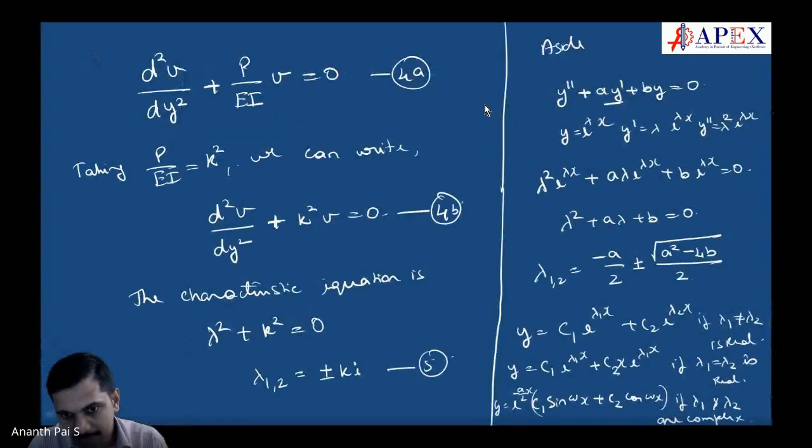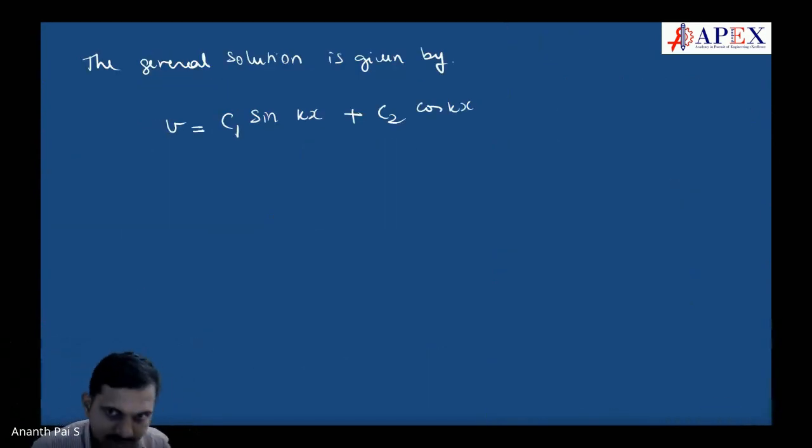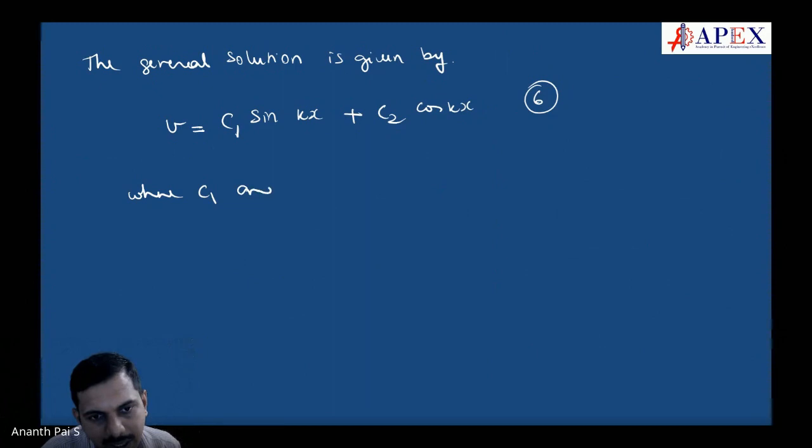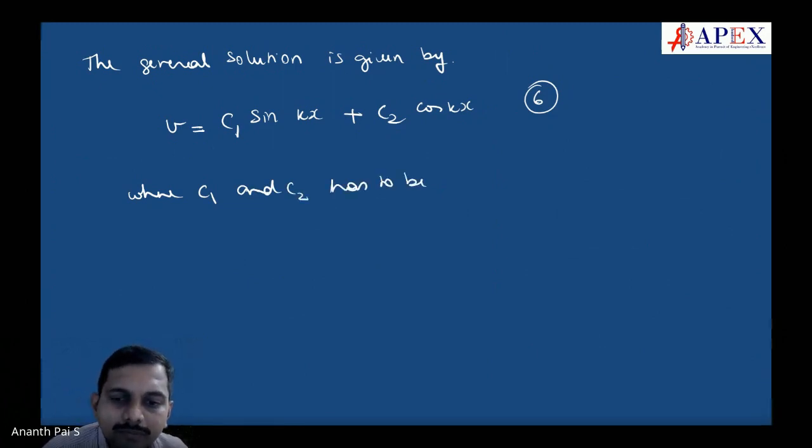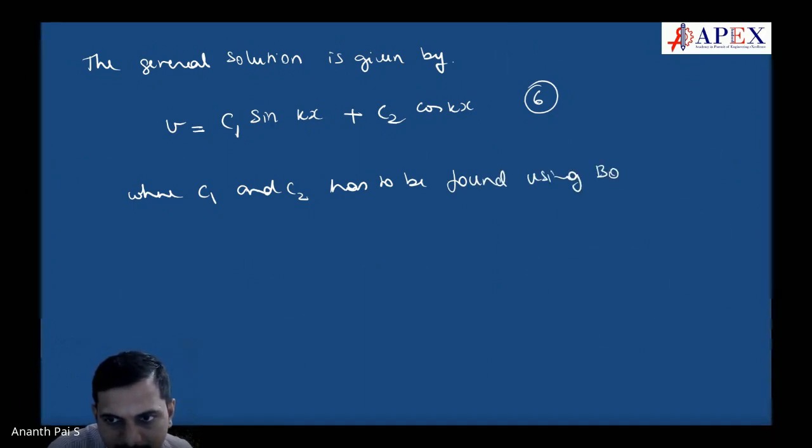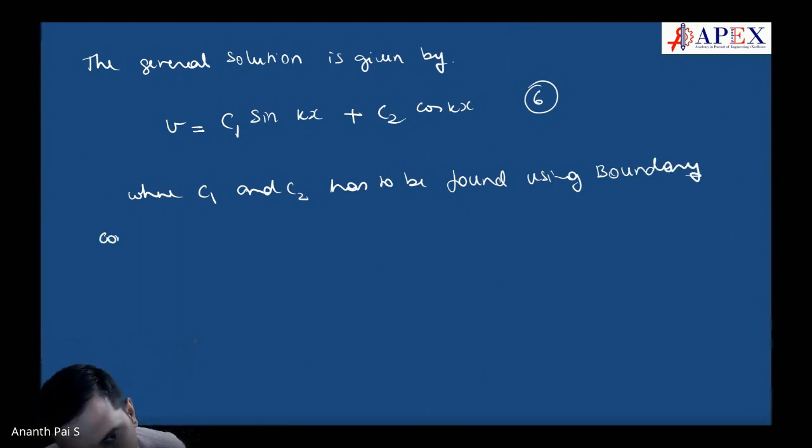What's the equation number? 5 is done. 6. Where C1 and C2 have to be found using boundary conditions. Has to be found using boundary conditions.